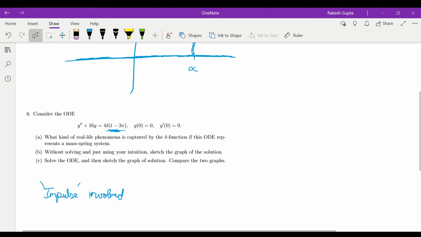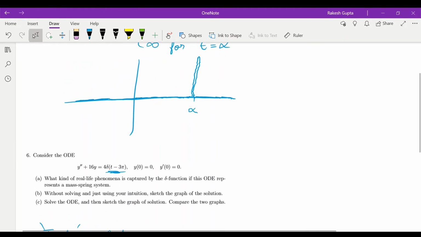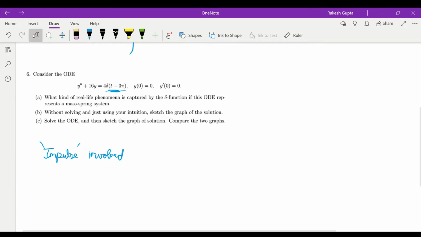For a long amount of time there is no change in the graph, but then all of a sudden there is a change. In this case, that sudden change is at 3 pi.